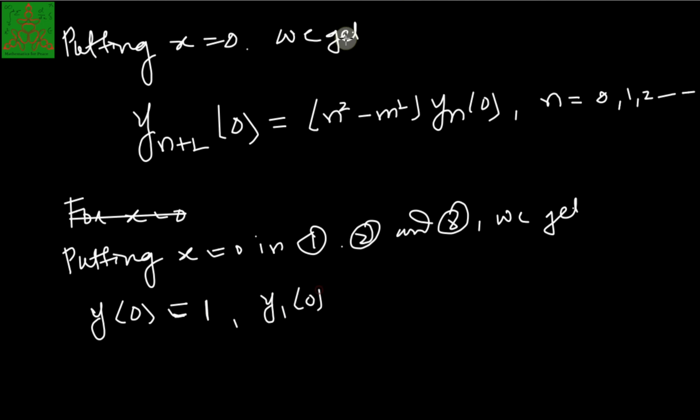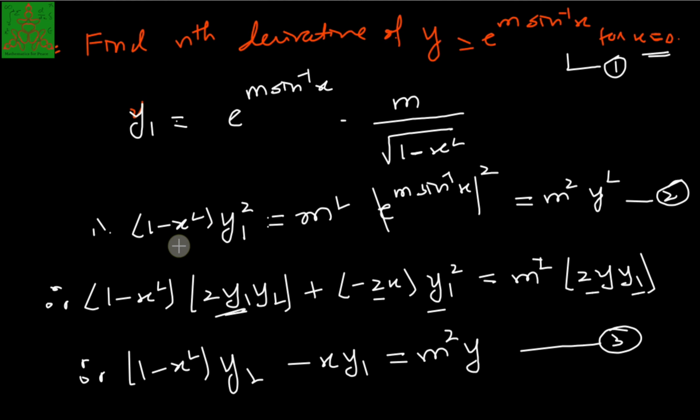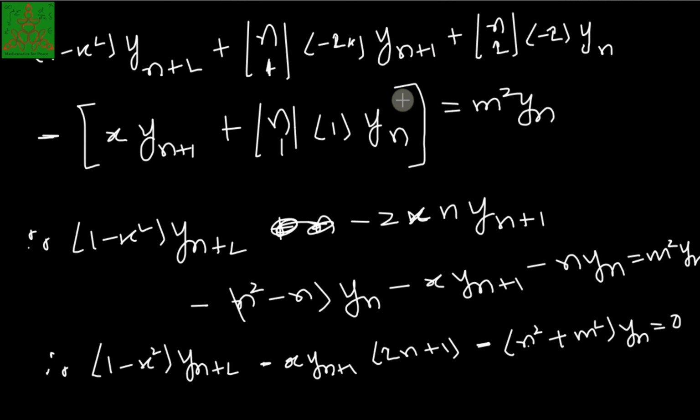y1 at 0, you can see, if I put x is equal to 0 in this expression, this is 0, that is y1 square at 0, and on this side it is m square, y square at 0. But y is 1, so y1 square is equal to m square.